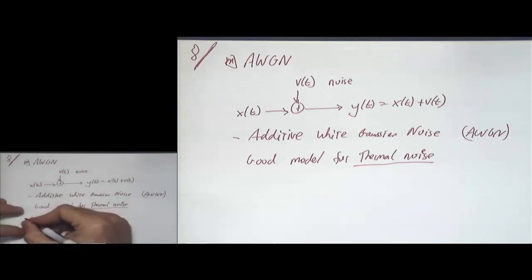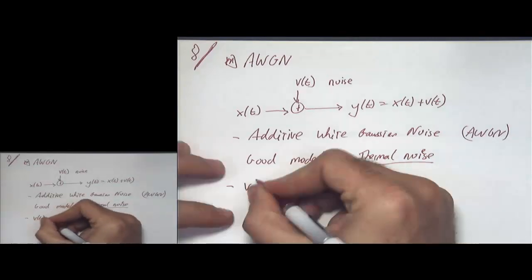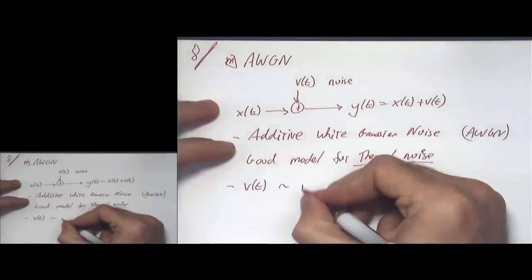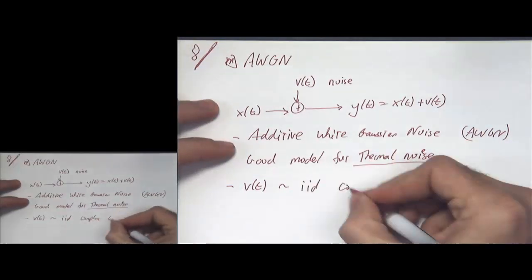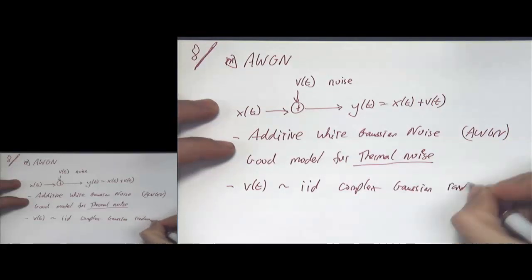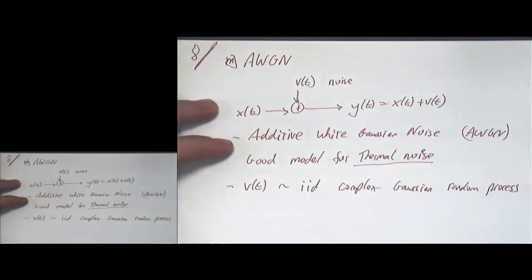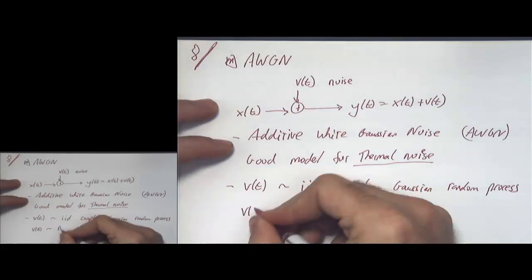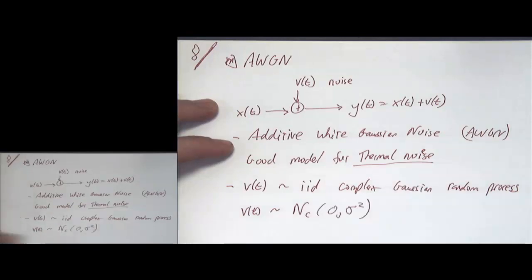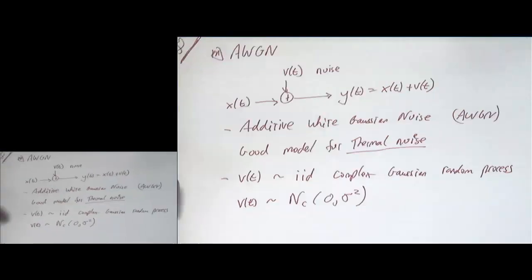So V of t, what this means in AWGN, is an IID complex Gaussian random process. We've gone through this before, but in particular for thermal noise, we write it like this: complex Gaussian with zero mean and variance sigma squared.